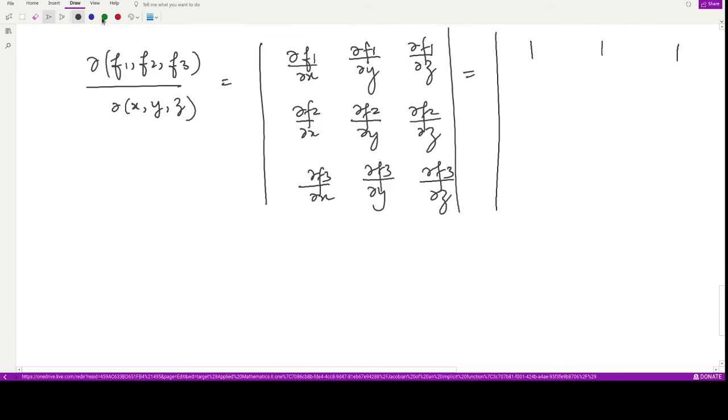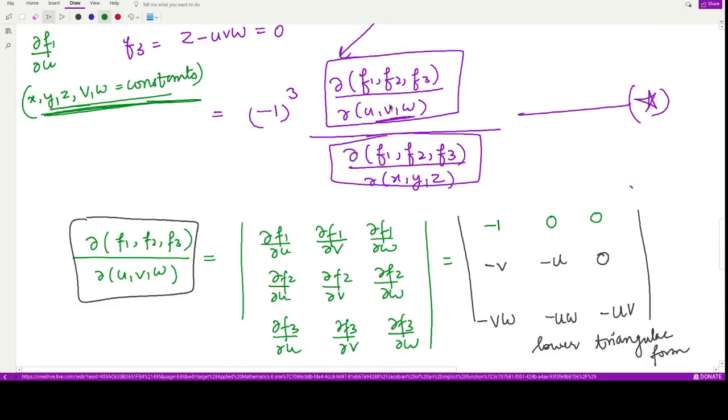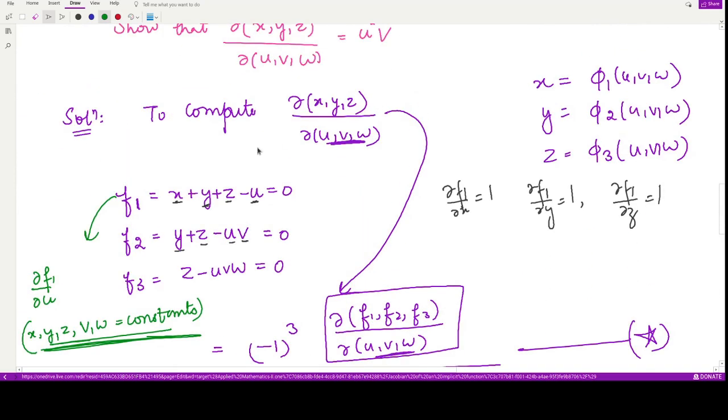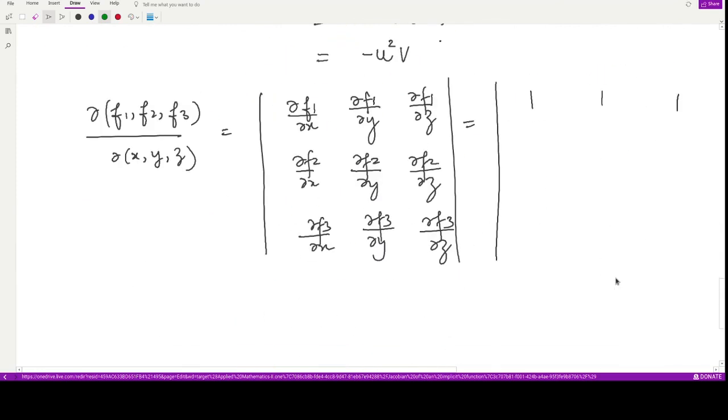Next we have to compute the partial derivatives of f2 with respect to x, y and z. Because we have y, z and no x, the partial derivative of f2 with respect to x would be 0, with respect to y would be 1, and with respect to z would also be equal to 1. So this row becomes 0, 1 and 1.